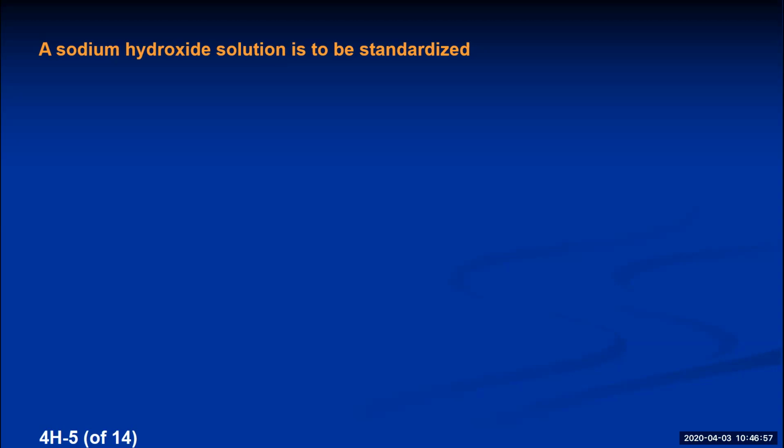So the way we usually standardize a solution is we put the sodium hydroxide solution in a burette, and we drip it into a flask that has a known mass of some solid acid.